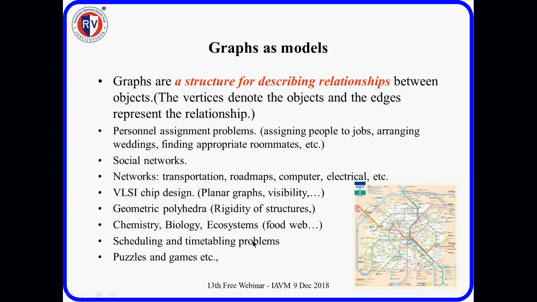Graphs are a structure for describing relationships between objects. Take as examples the personal assignment problem, the timetable problem for schools and colleges, assigning people to different jobs, arranging weddings, social network problems, computer networks, transportation, road maps and connecting systems, electrical systems, VLSI design, geometric polyhedra, chemistry, biology, ecosystems, and scheduling timetable problems and puzzles.